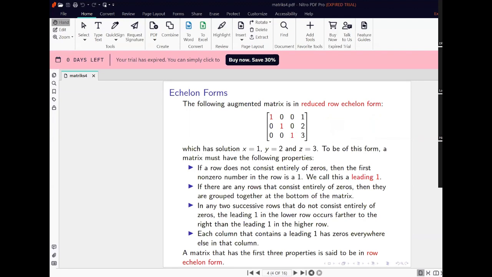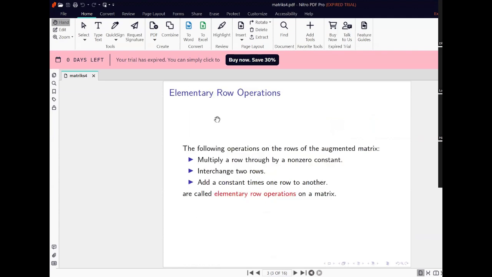Now we go back to page number 2, which lists the elementary row operations that are allowed to transform the augmented matrix into reduced row echelon form. What are the operations?